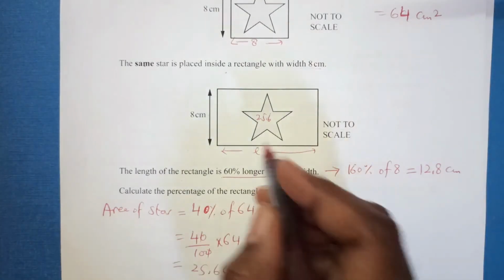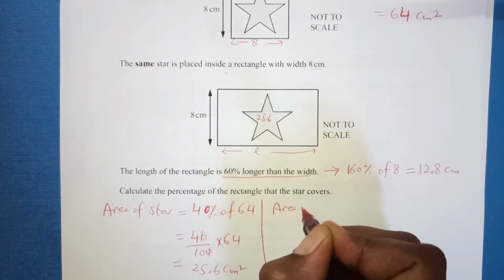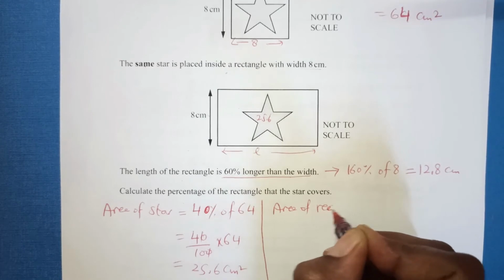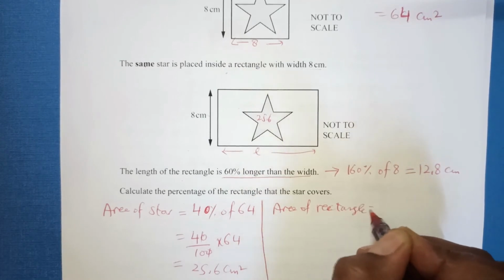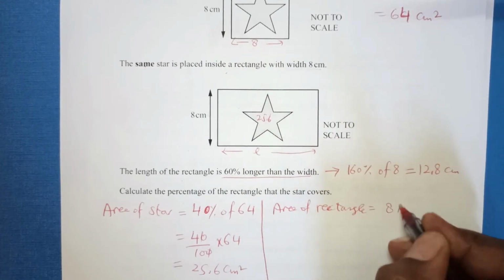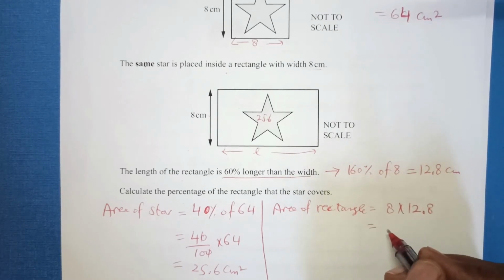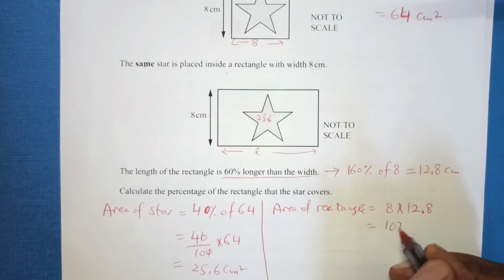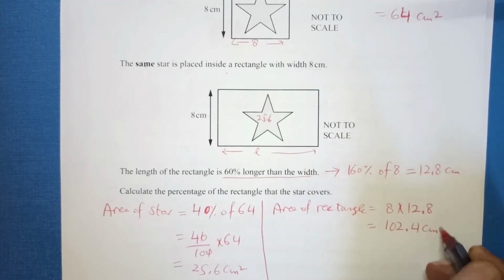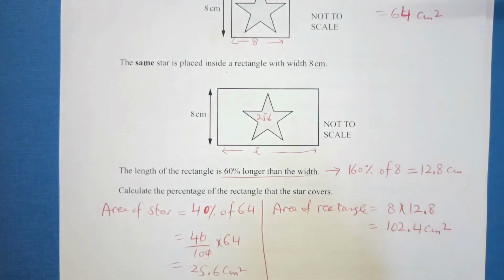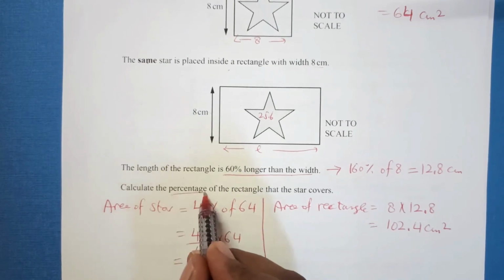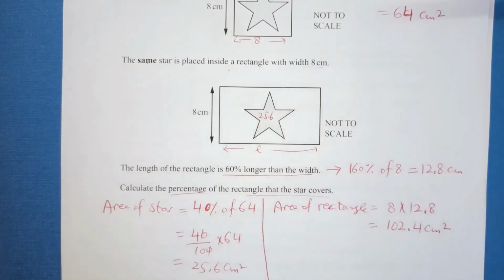So the area of this rectangle is 8 times 12.8, which is 102.4 centimeters squared. Now the question is to calculate the percentage of the rectangle that the star covers.